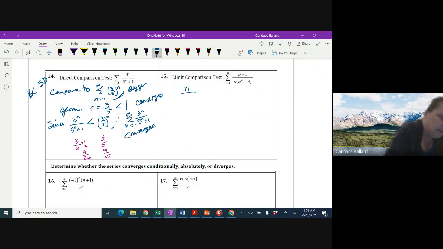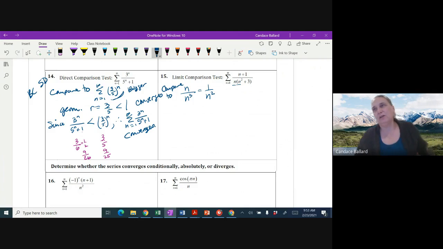I'm seeing the n on the top and then n times n squared on the bottom, which would be n cubed, which is the same as 1 over n squared, okay? So I'm going to use that as a comparison, because what kind of a series is that, everybody? That is a P series.